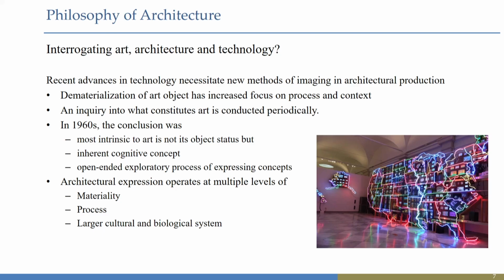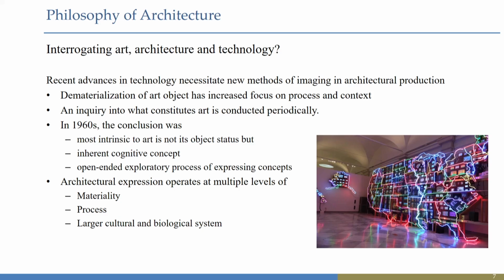That is how the importance of process and context came into being. Artists and architects have started focusing on process and context, which means they are presenting process itself as art and context as art. So, that kind of architectural construction or images in architecture are being presented.